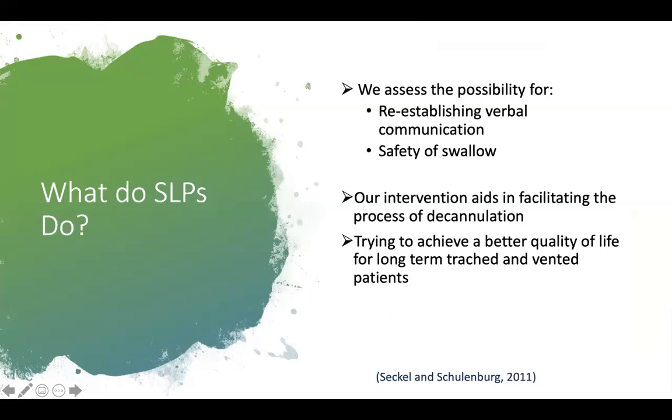Just keep in mind that once a patient is trached and ventilated, the ultimate goal is to get that patient decannulated, or have that trach removed. Not all patients will be able to have their trach removed, but a lot do. And in order to do that, we need to restore that upper airway mechanism that was lost, when we just talked about loss of subglottic air pressure, loss of upper airway circulation, a reduced cough, and all of that.